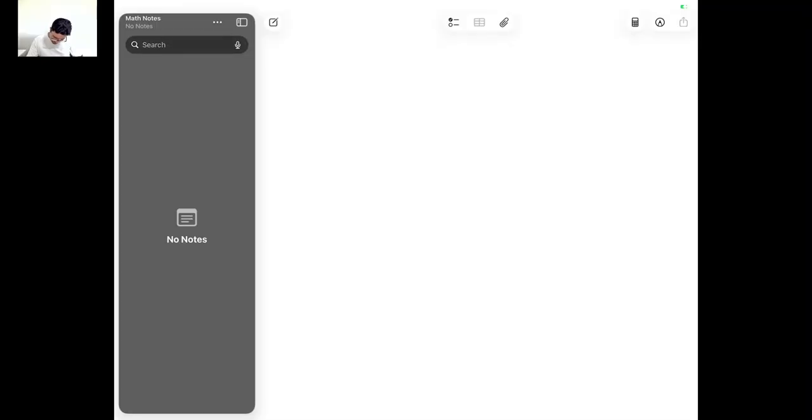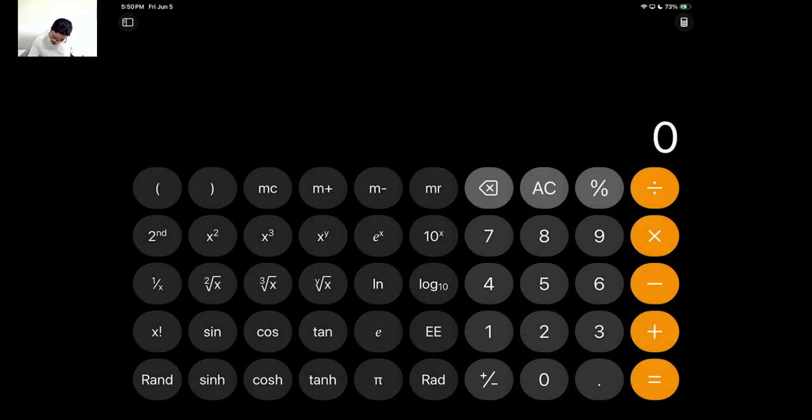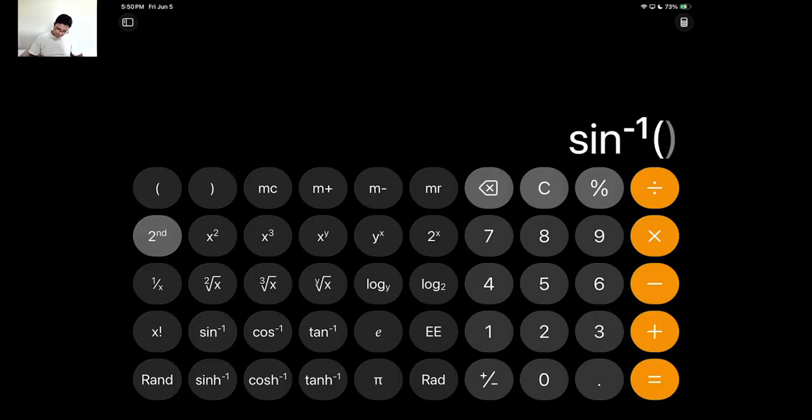Let me see. Math notes. I should go back to the calculator. What was the other option? Oh, okay. Was there a second function option somewhere? Oh, yeah, sorry. Second function, and now in the bottom row, I see sine inverse. 2 divided by 5.